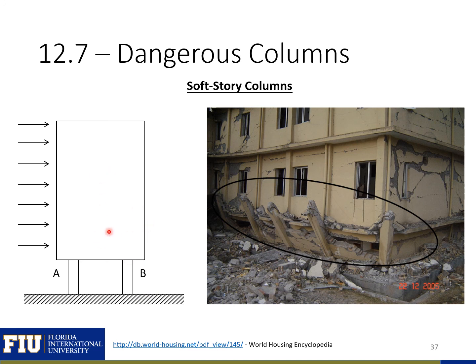During a seismic event, the top of the structure just kind of oscillates back and forth, and these columns on the soft story are going to break down. Here's an example of a soft story: a softer lower portion of the building with a very stiff top portion. The top portion will cause the bottom portion of the structure to break down.